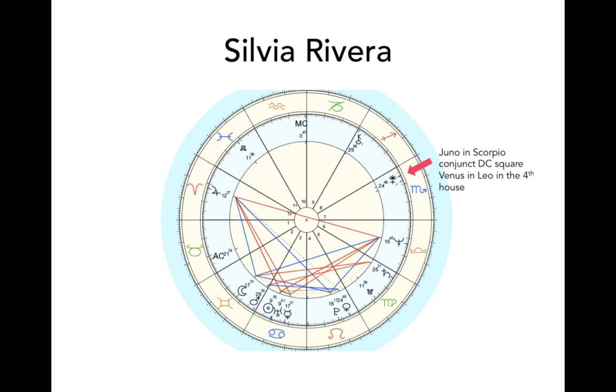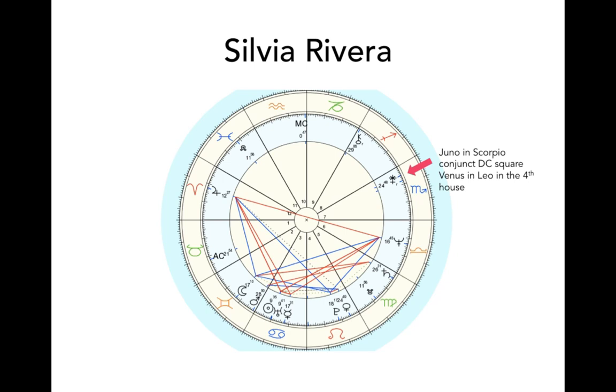If this is in your chart, those themes need to be worked out and made conscious. They might not be as dramatic as they are in Sylvia's chart, but to whatever extent that's present for us, we need to be able to work it out, make it conscious, and heal it.